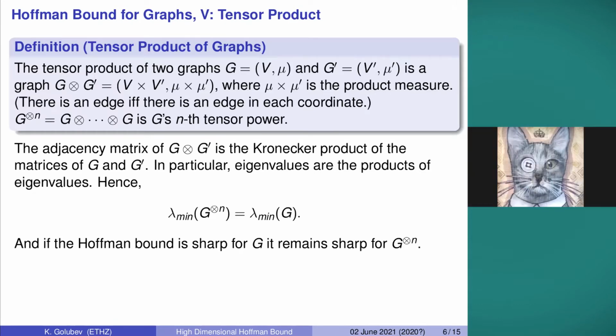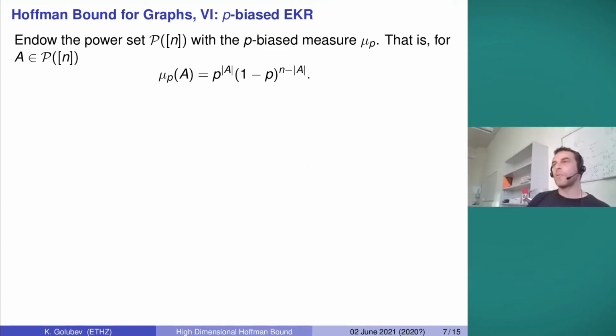Yes. Good, thanks. So one can prove a p-biased Erdős-Ko-Rado. What does it mean? Now instead of k-subsets of an n-set, we have all subsets, where each subset has a measure like this. If it's of size a, then its measure is p to the power a times (1 minus p) to the power n minus a.